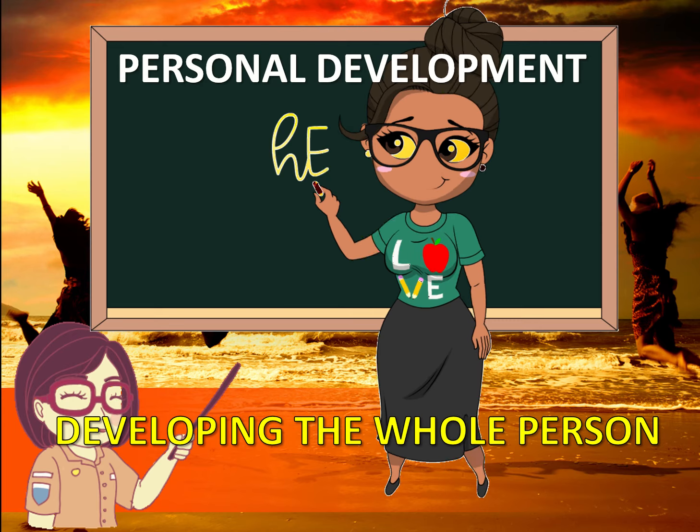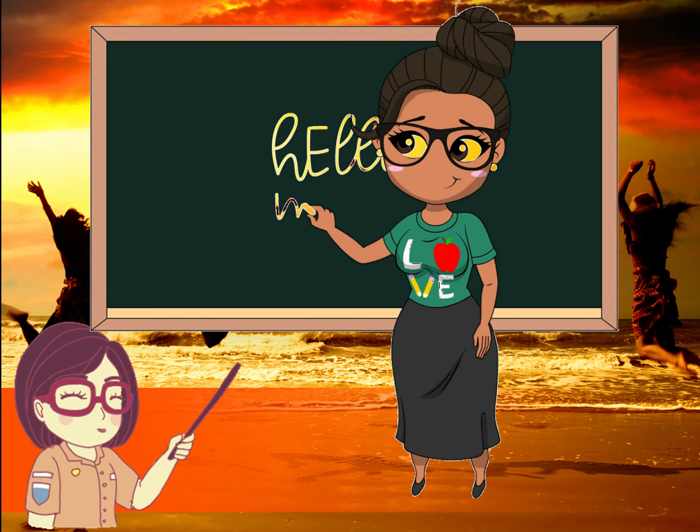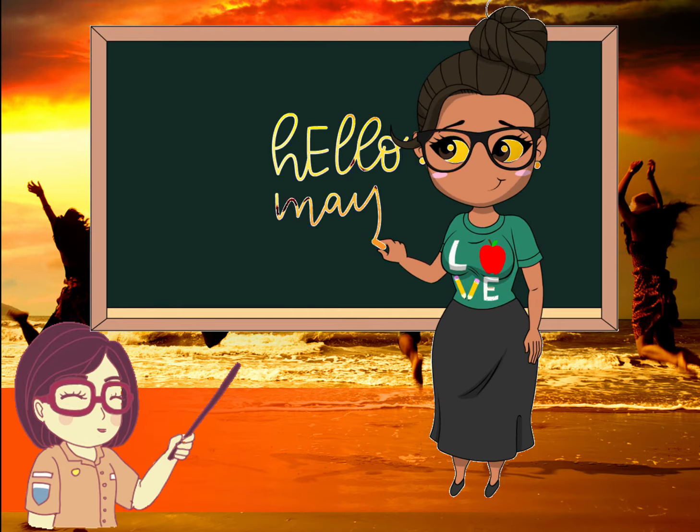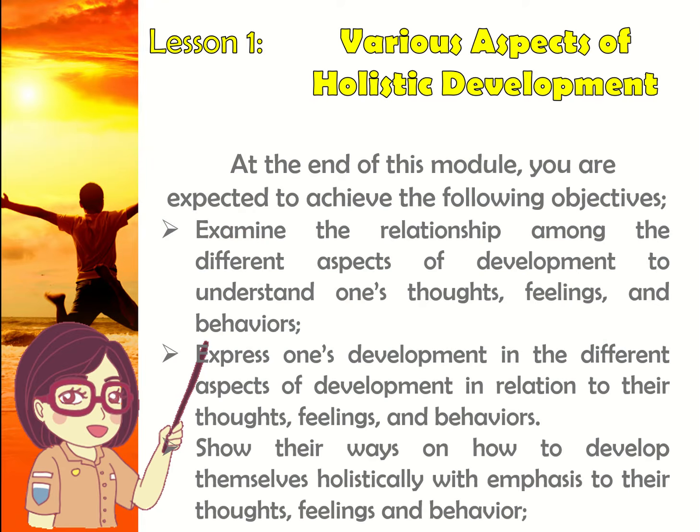along our topic. Okay, so before we proceed, let us have a run through first with the different objectives that we want to attain or achieve at the end of this discussion. Okay, so the first one is to examine the relationship among the different aspects of development to understand one's thoughts, feelings, and behaviors.